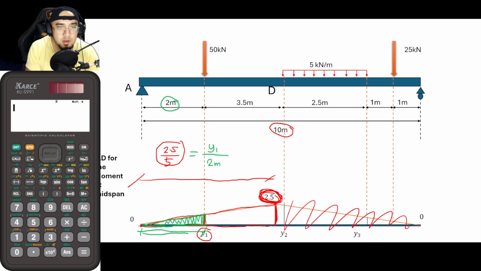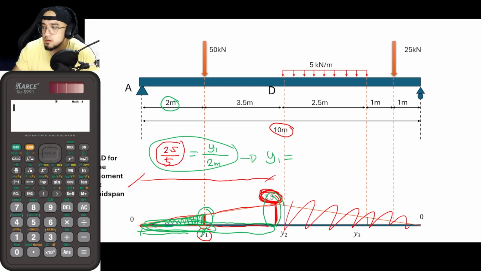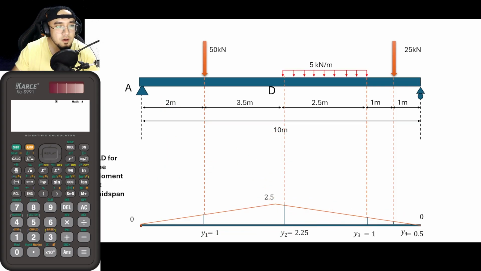So the ratio of 2.5 divided by 5 is equal to the ratio of y1 divided by 2. Okay? So from that, guys, you could now solve for the value of y1. So y1 is equal to 2 times 2.5 divided by 5, on the calculator. So we would now have an answer of 1. So as you can see here, y1 is equal to 1. So this is what we have solved for earlier.